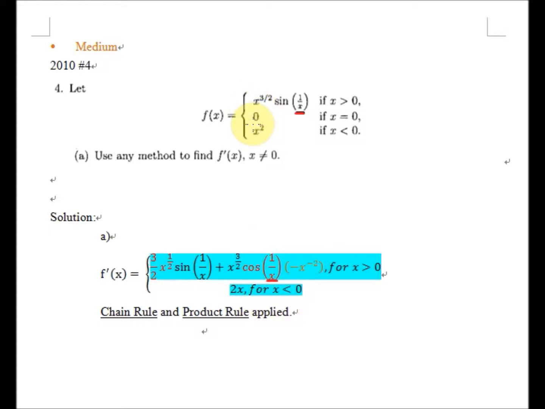And the second one, well, it's 0, so the derivative is just 0, but then it's only 1 point over here, so f prime is really just 0 for x equals 0. Okay, the third one, the derivative is just 2x for x negative.